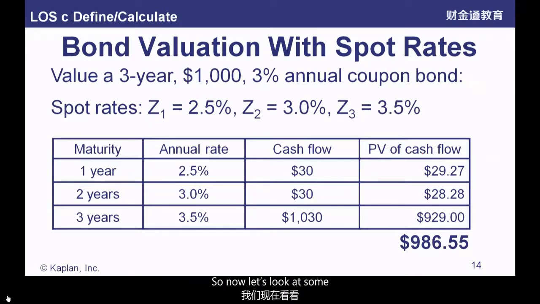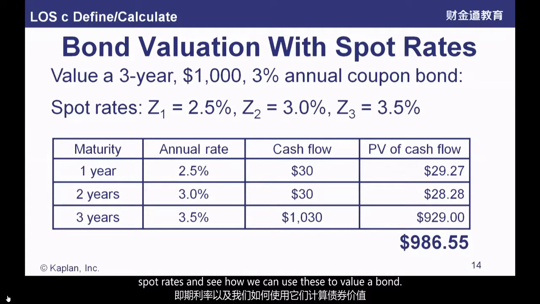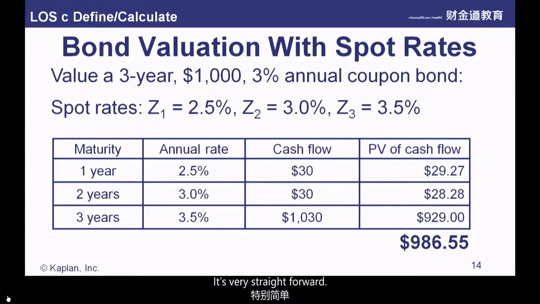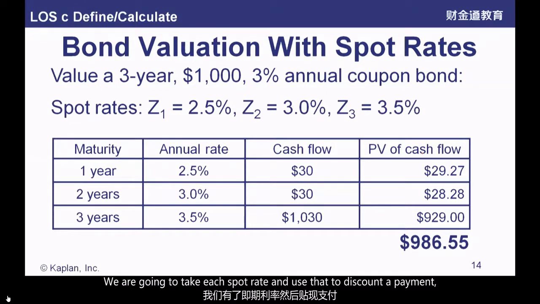So now let's look at some spot rates and see how we can use these to value a bond. It's very straightforward. We're going to take each spot rate and use that to discount the payment that comes at that time in the future. So at a 1-year maturity, we've got an annual rate of 2.5%.